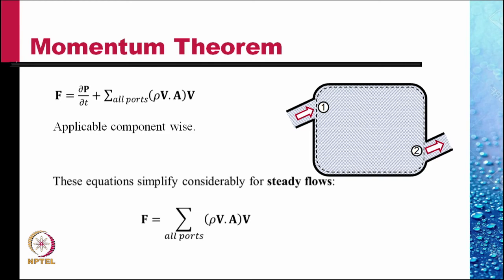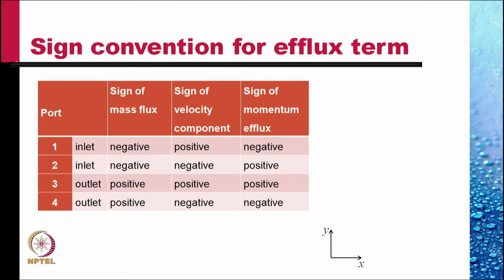Now, for steady flow, the rate of accumulation of momentum P would be 0, and so the net external force applied would be the sum of ρ V·A times V at all ports, the net efflux of momentum. A very simple equation.